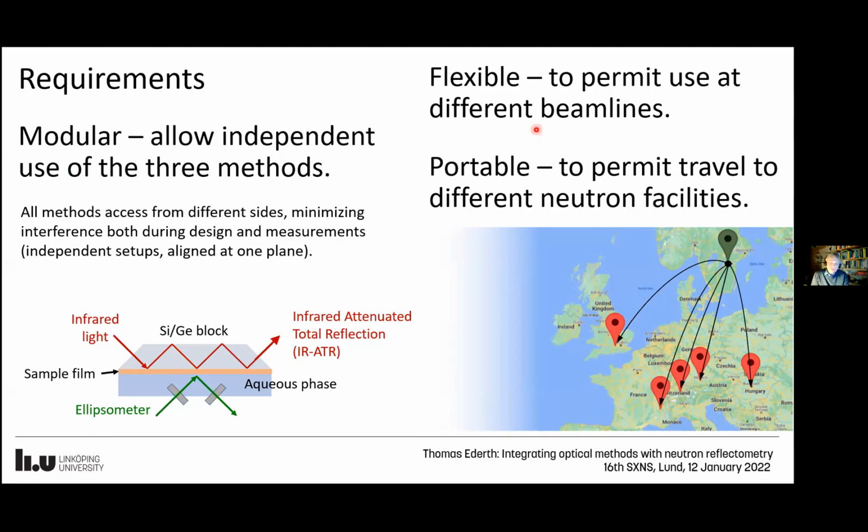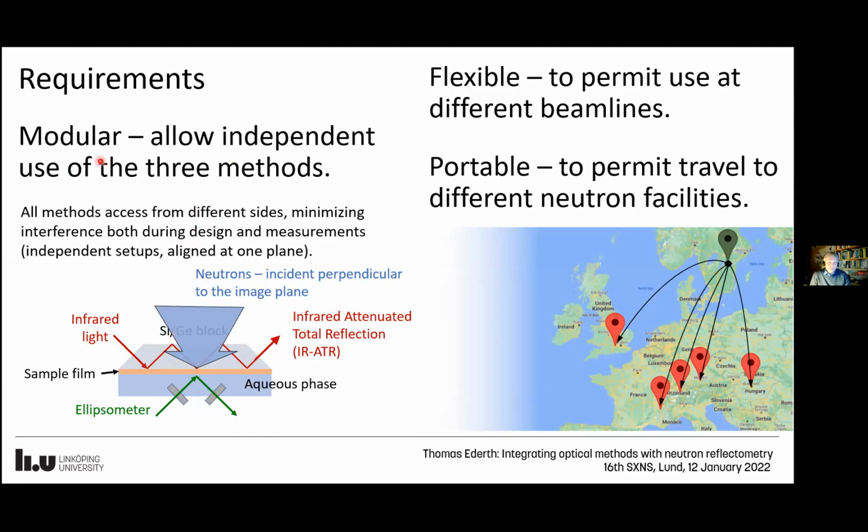The reason why this is fairly straightforward is that you can access the sample interface, the solid-liquid interface, from different directions with each of these methods. So there is actually rather little physical interference. In the figure, we have infrared light coming from one side, ellipsometry probing from the other side, and neutrons coming perpendicular to the image plane here.